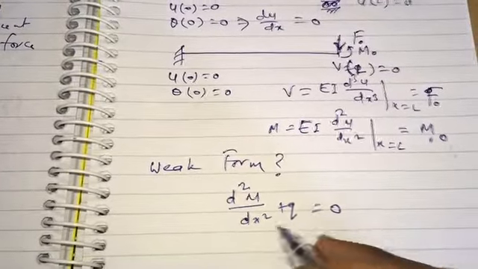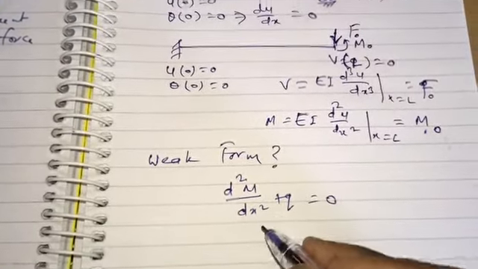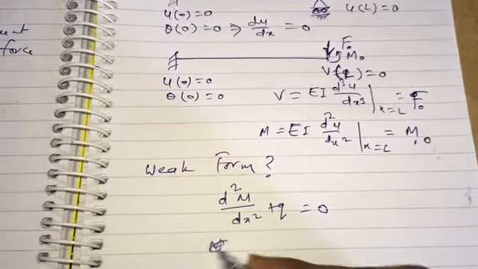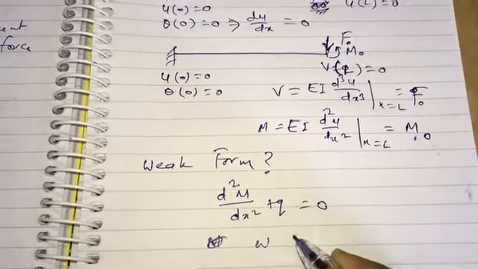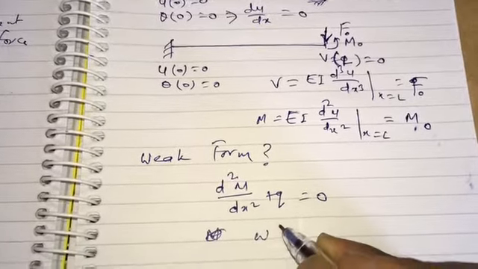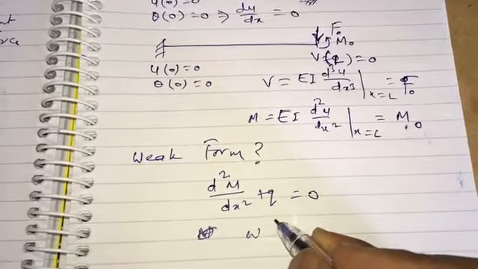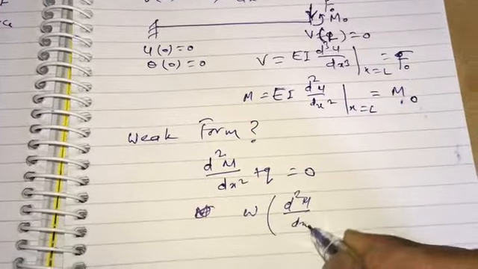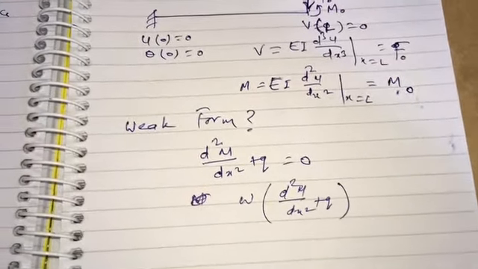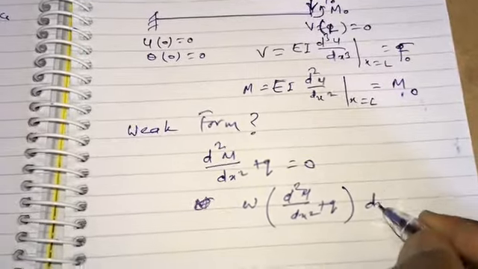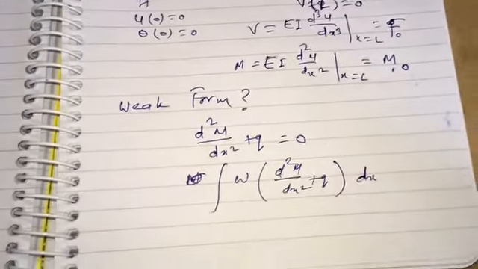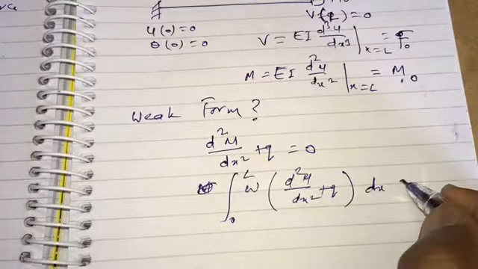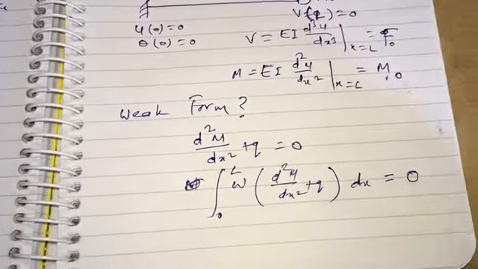And what we do, we always multiply it with a variable w, d squared M over dx squared plus q, and we integrate over the whole domain, in this case 0 to L, and we make it equal to 0.